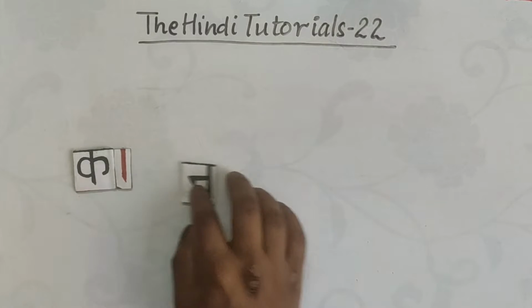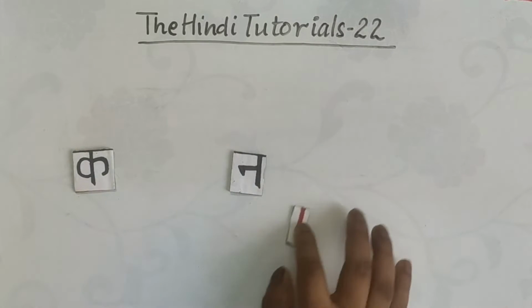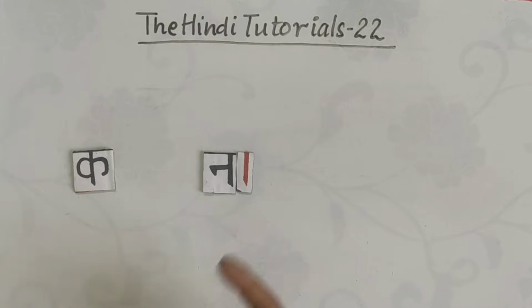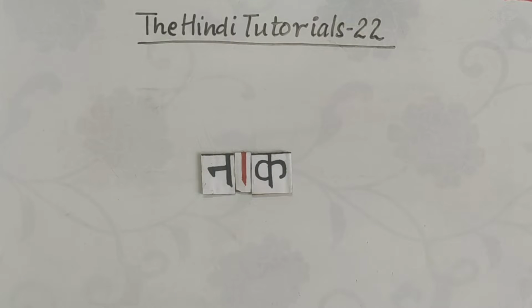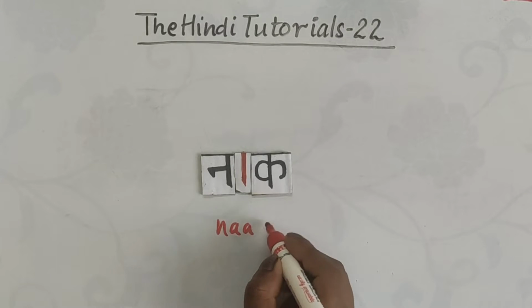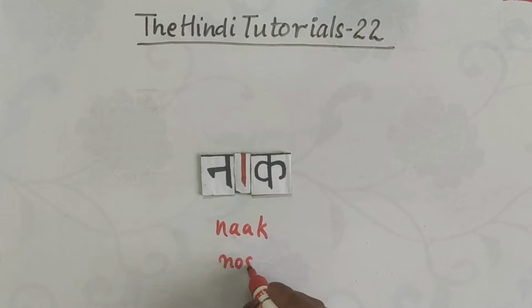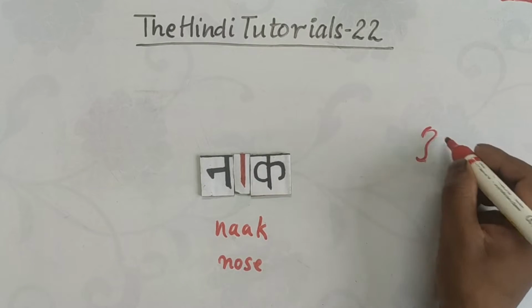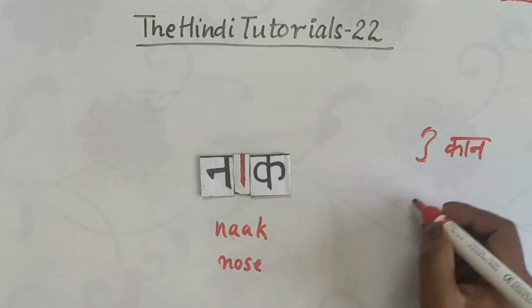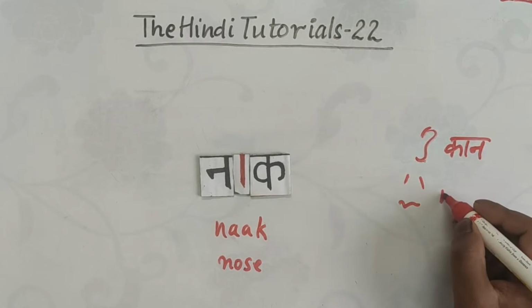Na, a. This makes it na and naak. Naak means nose. Kaan is ear, and naak is nose.